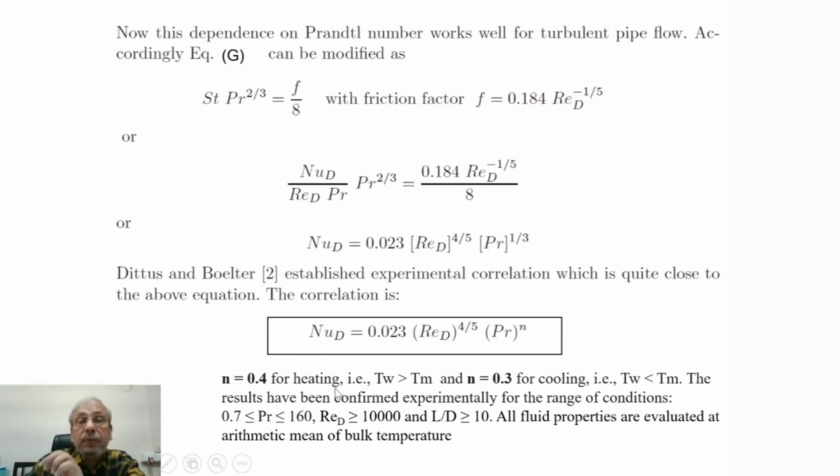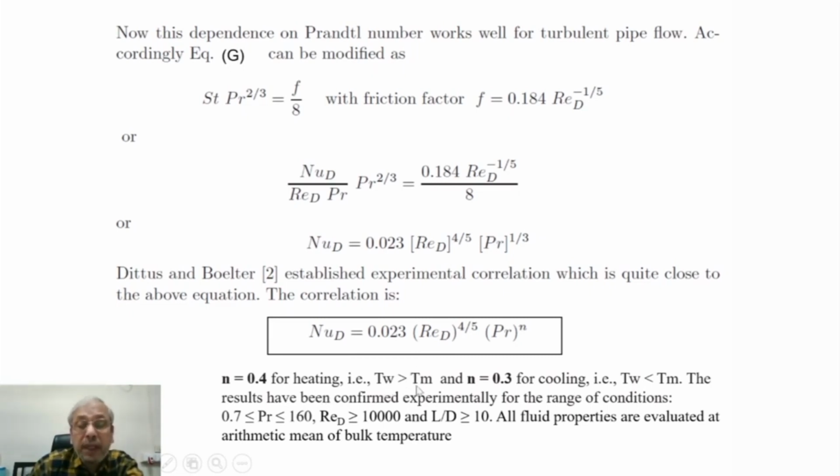That means fluid inside the tube is being heated by some high temperature fluid that is flowing or enclosing the tube, so that wall temperature is more, or wall is being heated by electrical heating or any such device where wall temperature is more than the bulk mean temperature.